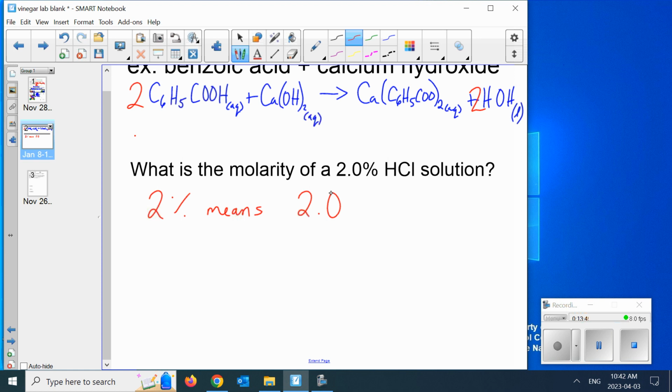But it just so happens that the acids we use are mainly water-based. You know what the density of water is? How many grams of water make up a mil? 1 to 1. So if you have 100 grams of water, you have 100 mils of water. More or less. It's perfectly fine. Anyways. So we're going to say that this is actually 2 grams of the HCl solution.